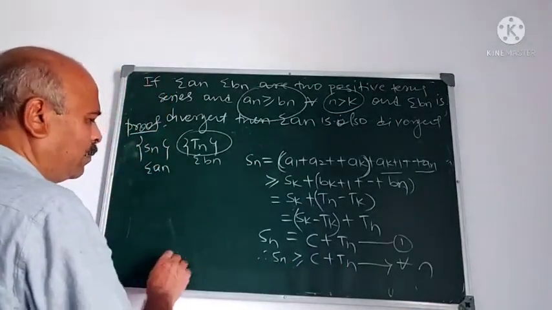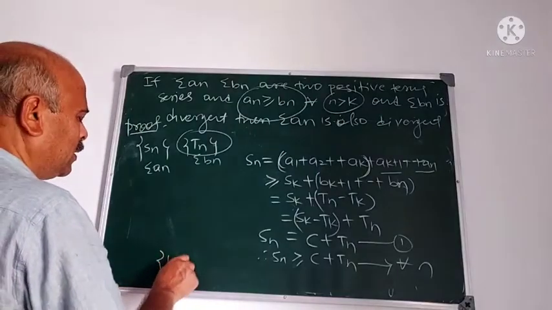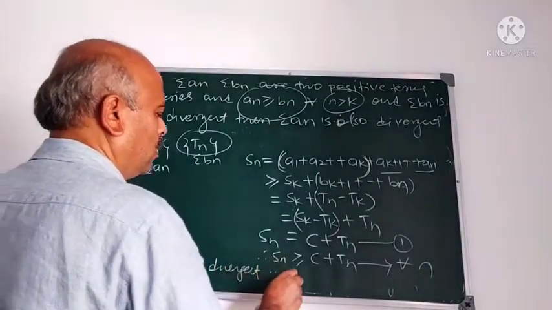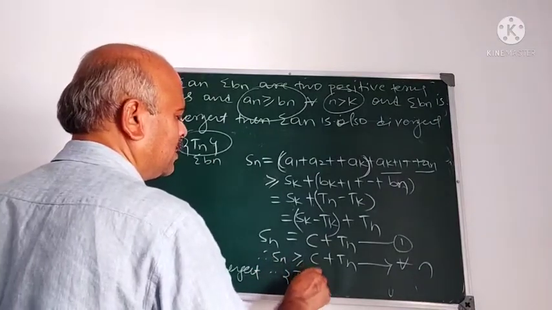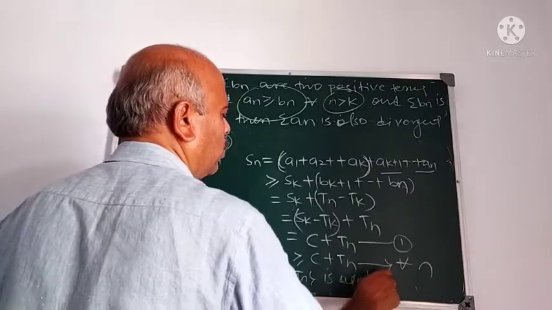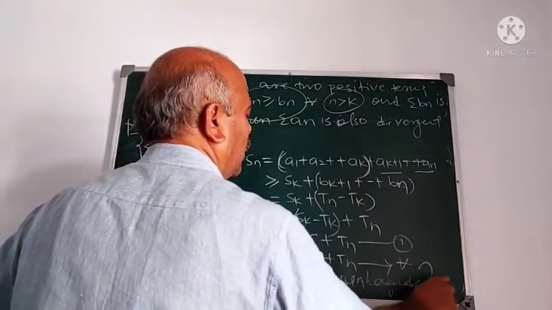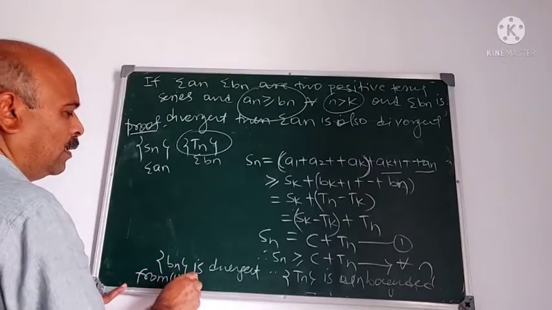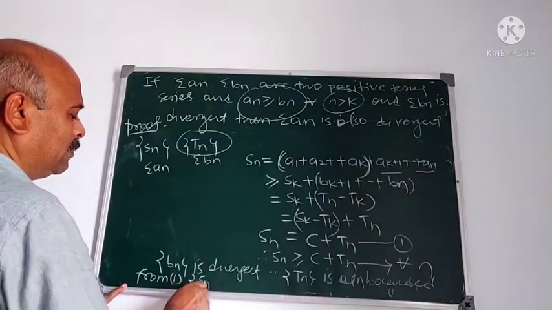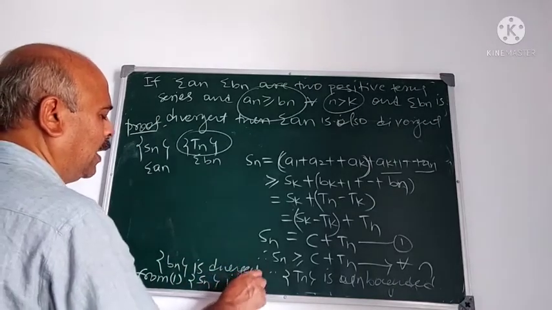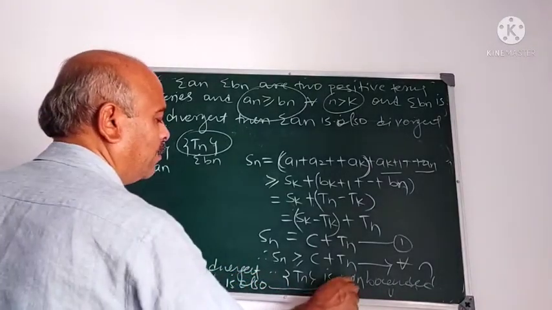Now what is given? Sigma bn is divergent. Therefore, the sequence of partial sums Tn is unbounded. From 1, the sequence of partial sums of an, Sn, is also unbounded.